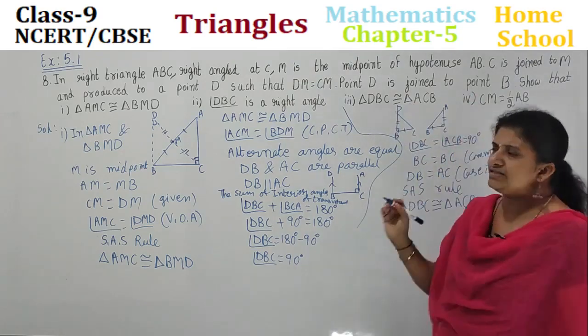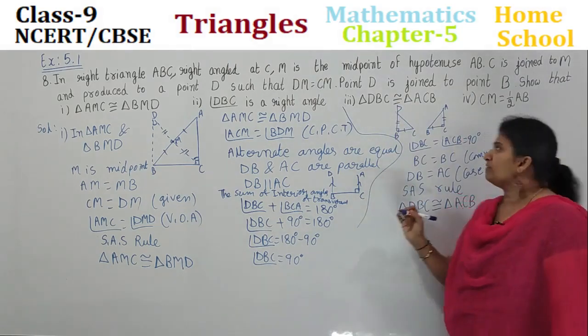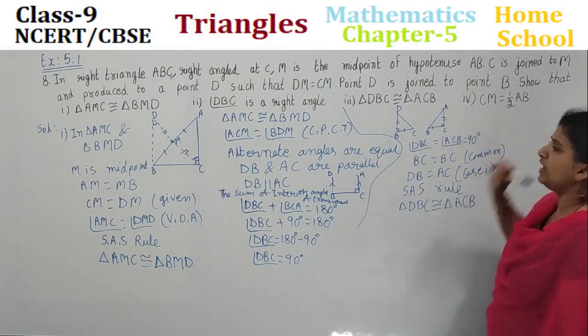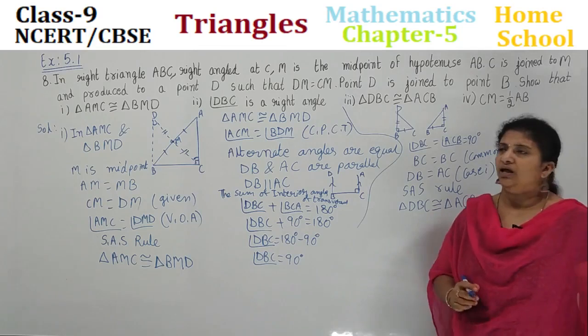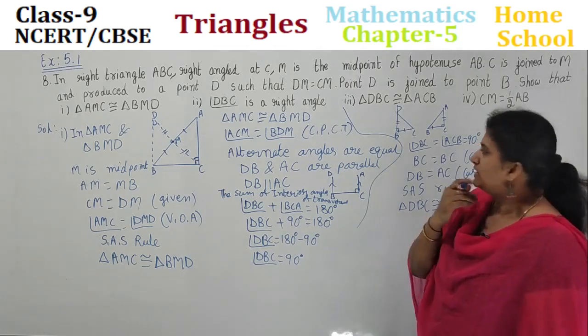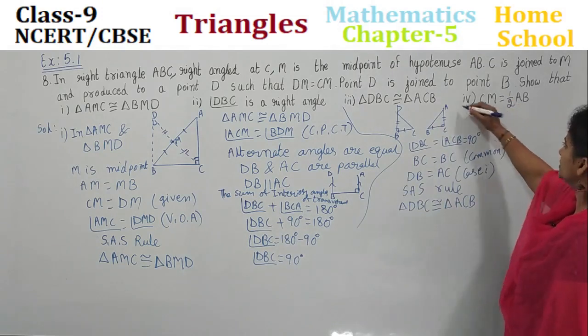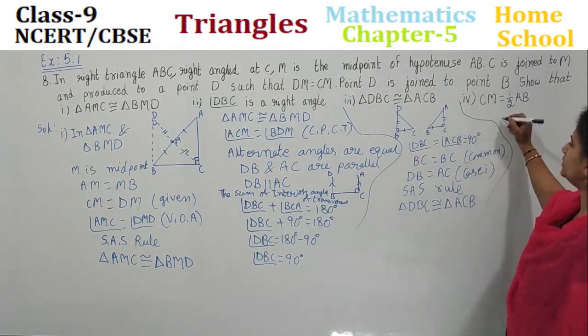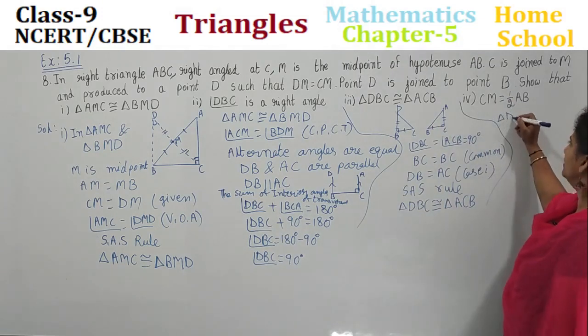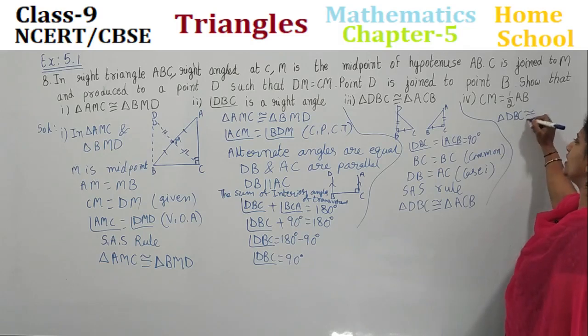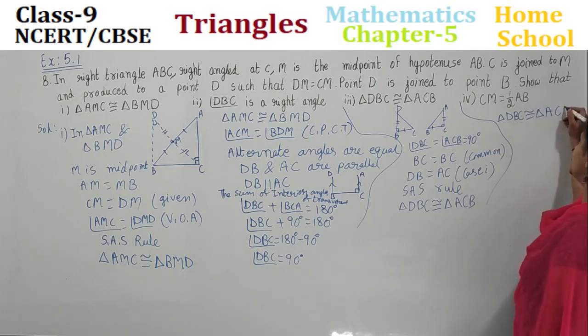Look into the last and final case of this problem: CM is equal to half of AB. How can I prove this one? When I compare these two triangles, I was able to prove that triangle DBC is congruent to triangle ACB.